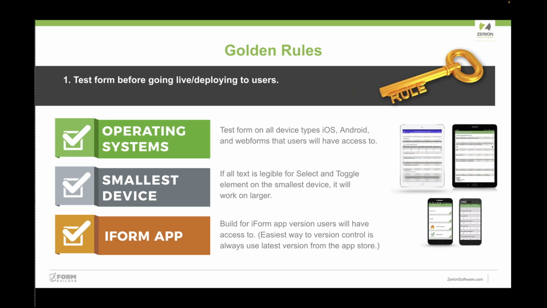You can also have custom integrations or custom setups. And with that white label, you are able to deploy it to the users whenever you're ready. So you're able to rest assured that they're all using the same version of the iForm app because they're all using the white label version. So that is just two ways, or suggestions, on how to make sure everybody is on the same version of the iForm app and making sure it works properly in that way.